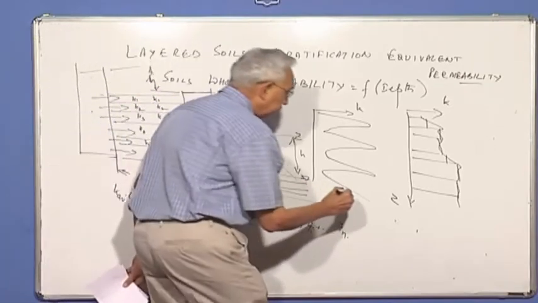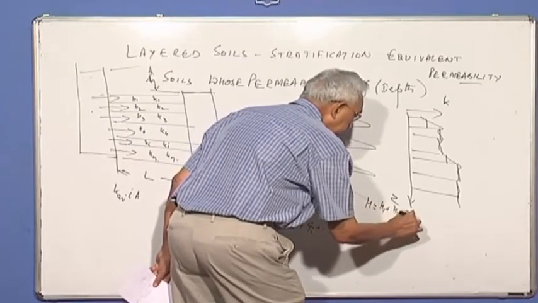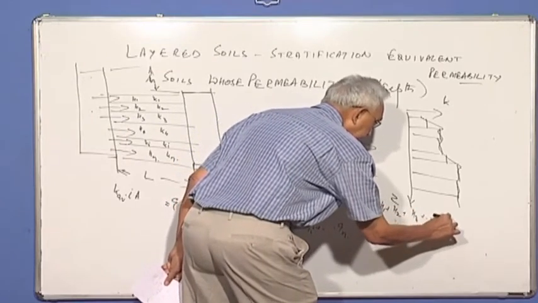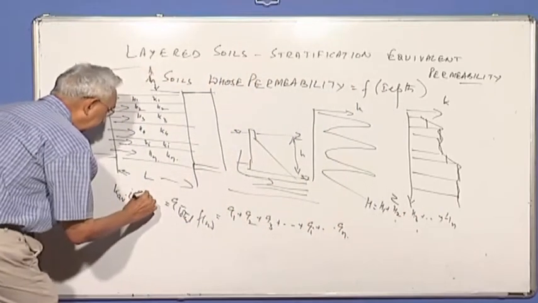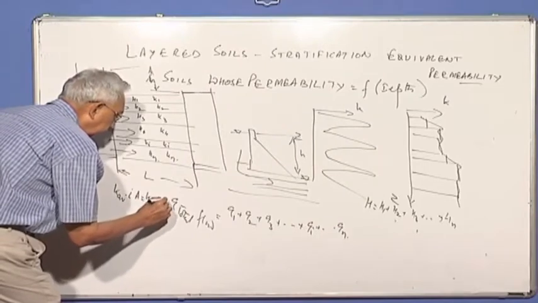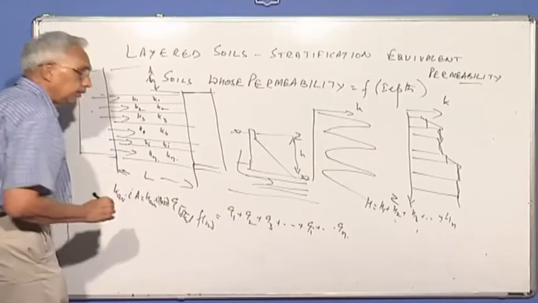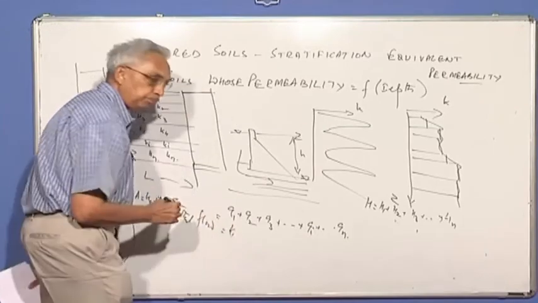I'll say H is equal to H1 plus H2 plus H3 plus Hn, the total. So I would write this as K average into i into H into 1, where 1 is the distance perpendicular to the board. It's equal to K1.